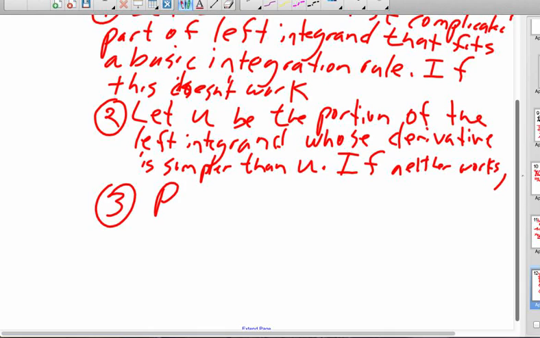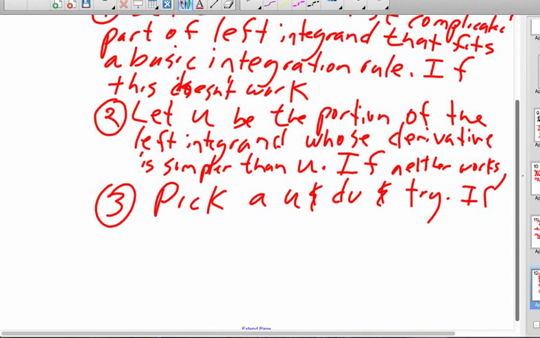Just pick a u and dv and try. If you hit a dead end, try different.